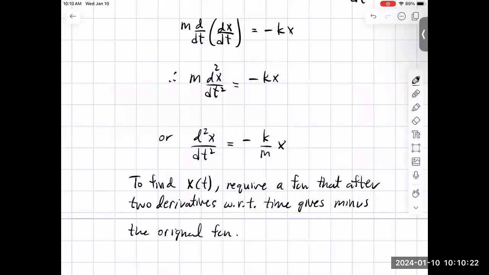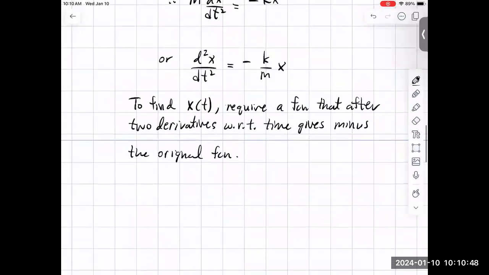So I could either choose the sine or the cosine. But if I choose sine at t equals 0, I get sine of 0, that's just going to give me 0. And so that would mean the position would be at equilibrium. On the other hand, if I take the cosine function, cos of 0 is 1. And so that would be displaced away from the equilibrium. So I'm going to choose the cosine function.